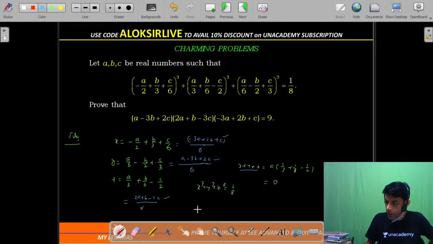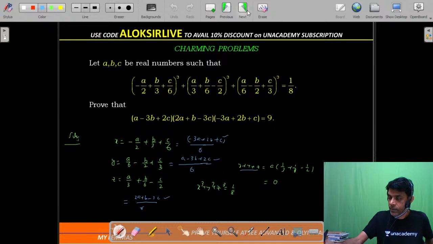So we conclude that x cube plus y cube plus g cube is 3 times xyg. So 1 over 8 is 3xyg.